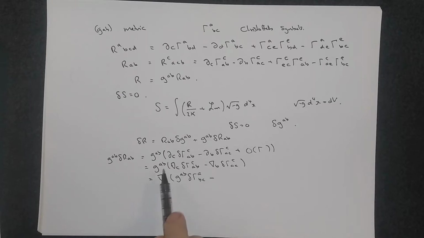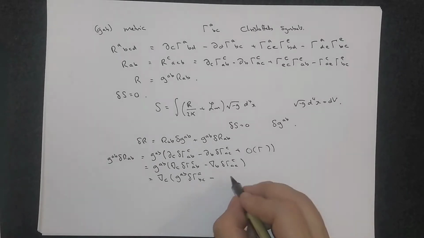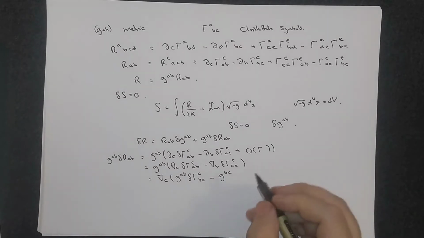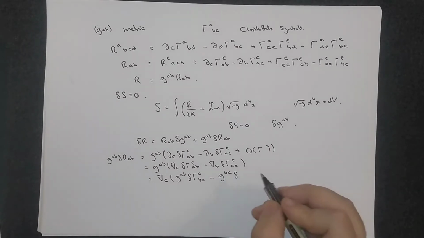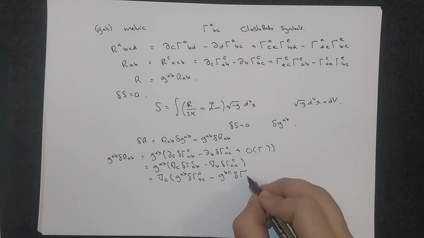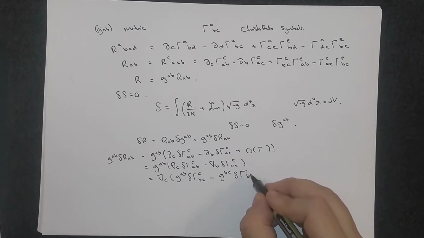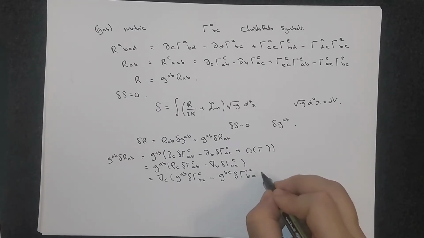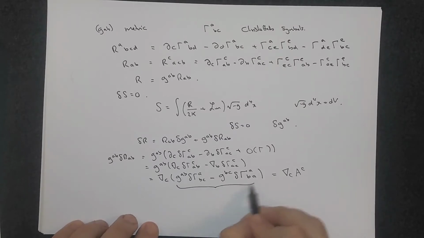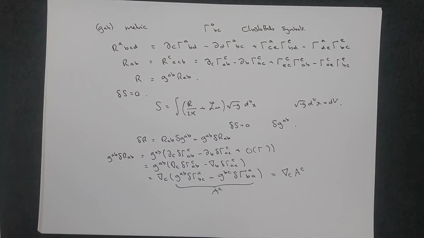Now I could swap indices around, so the contraction here would raise that to an A. These were contracted, so this is d_C A^C for a vector A^C.